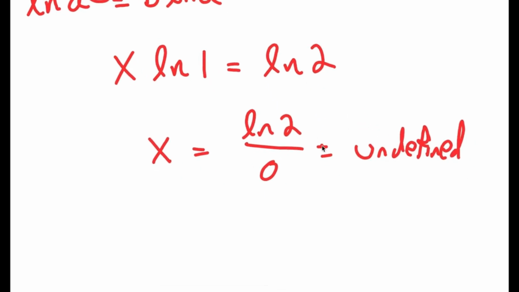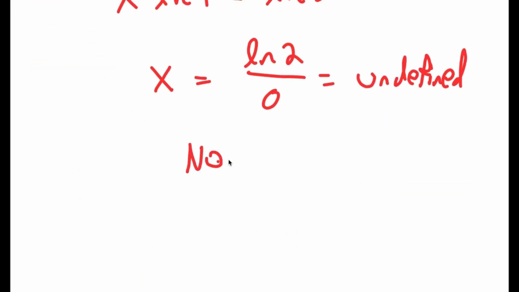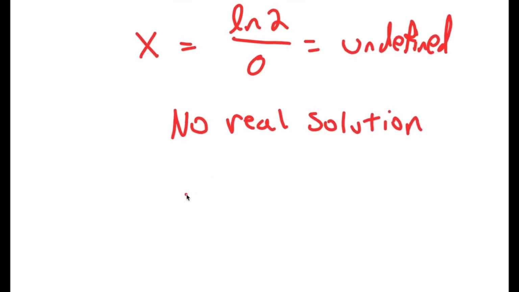So we know that this equation has no real solution, but it could still have imaginary solutions. So to actually solve this, I'm going to use something known as Euler's formula.